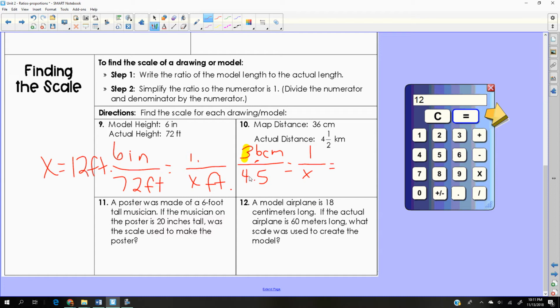So 4.5 times 1 is 4.5, so we have 4.5 divided by 36, and we get 0.125.